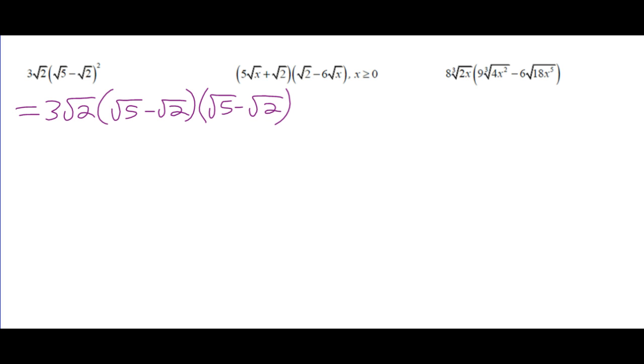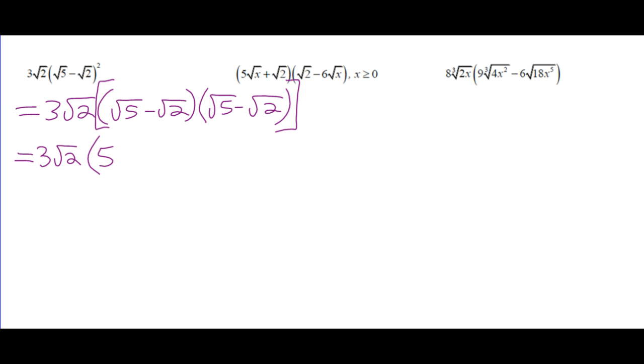So, you know, with radicals and squaring, I don't have any big problem if you do this, right? Now you should also do this. So your order of operation should be, I'm going to square that radical. So it's 3 root 2 times, okay, so what's root 5 times root 5? 5.